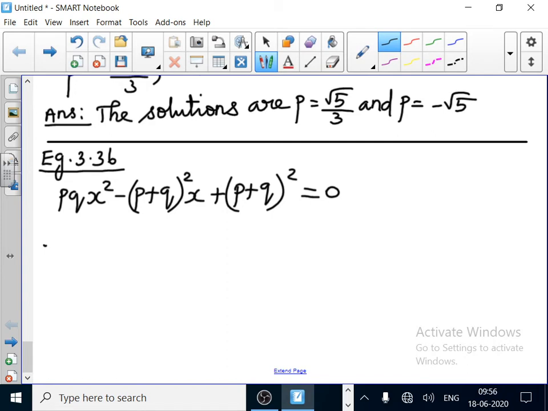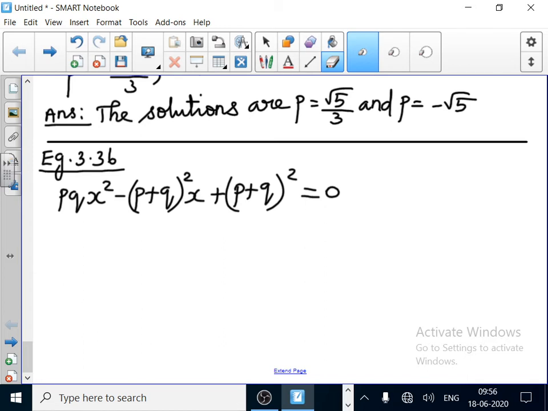This is the important 5-mark question. They often ask it in the quarterly, half-yearly, first revision also. We are going to use the formula a plus b whole square, a square minus b square. Using this formula, we are going to solve this problem.